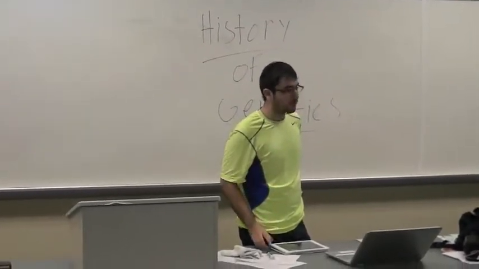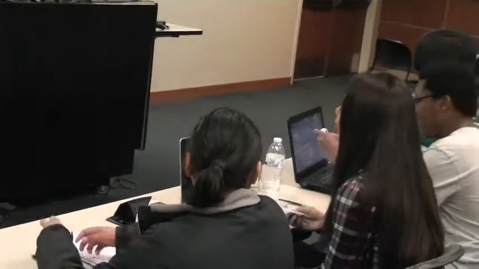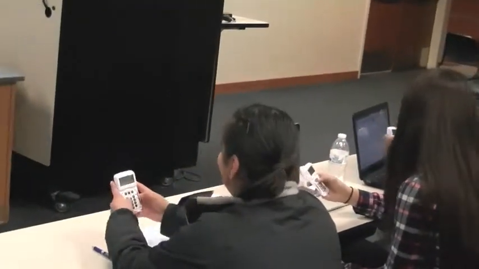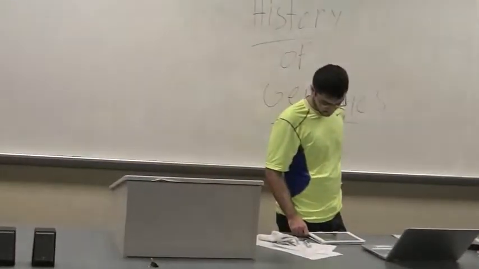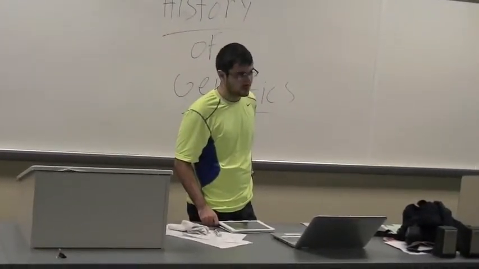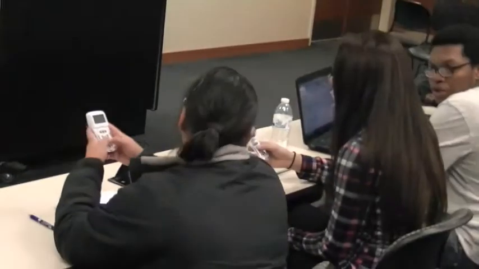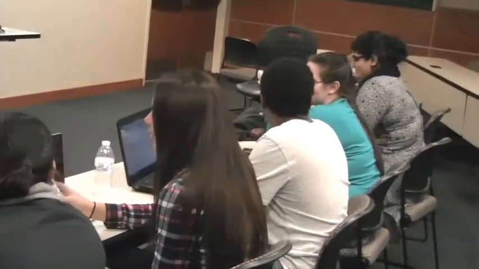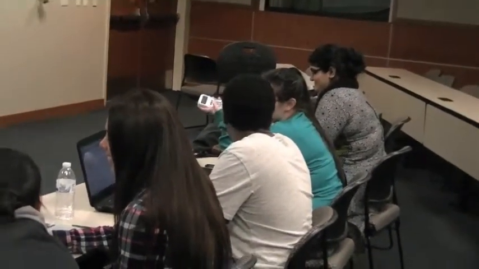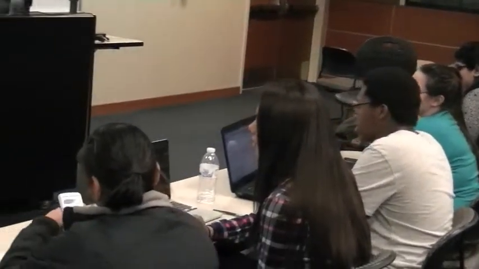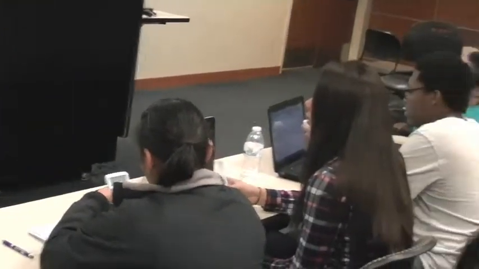Now time for a clicker question. Is everybody ready for the exciting clicker question? What percent of the population is polymorphism? A, 100%. B, -1%. C, 1%.